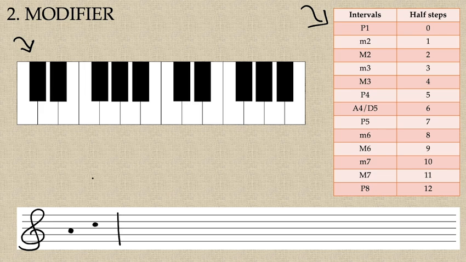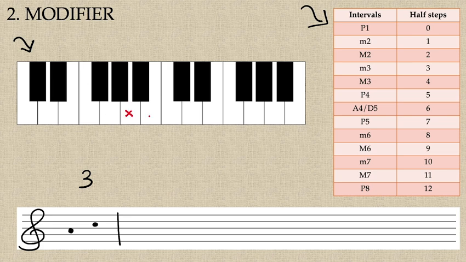A to C. If we use the musical alphabet method to figure out the number portion of an interval, A, B, C, that is 3. So this is a third. Now we have to figure out the modifier for this third by counting the half steps in between them.